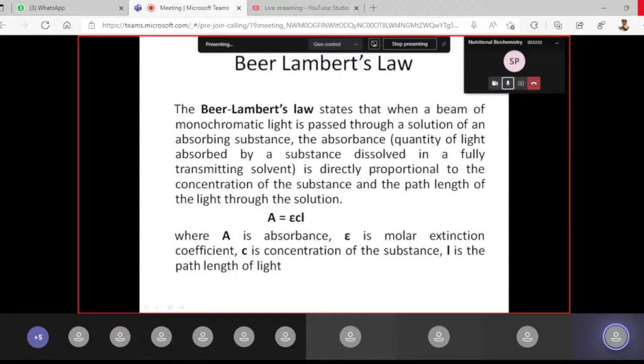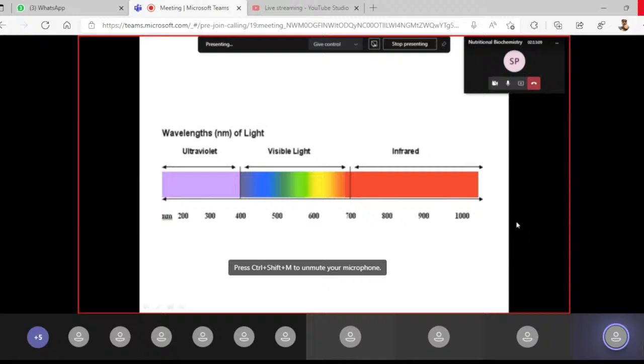Okay, so when a beam of light passes through the substance, now you have to go deeper. What do you mean by a beam of monochromatic light? I showed you in the picture here that UV light is in the range of 150 to around 350 nanometer. Visible light is from 400 to 700 nanometer.